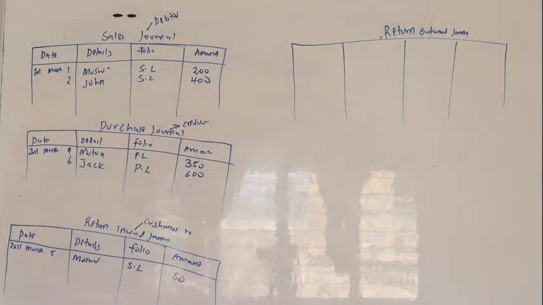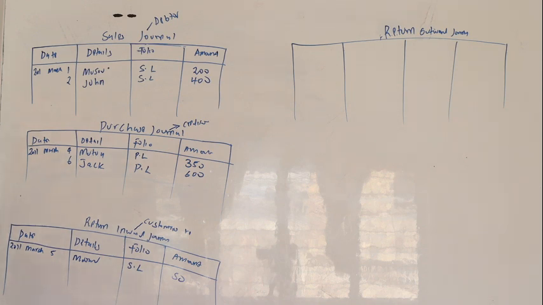Then on the other date of the month, tarehe 9, return from John of 150.